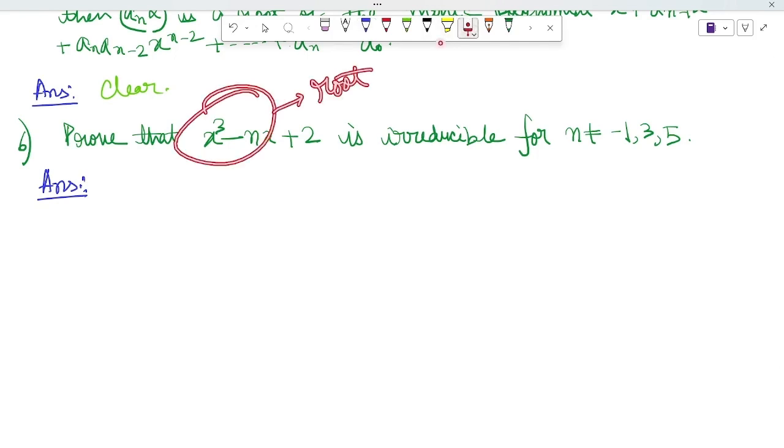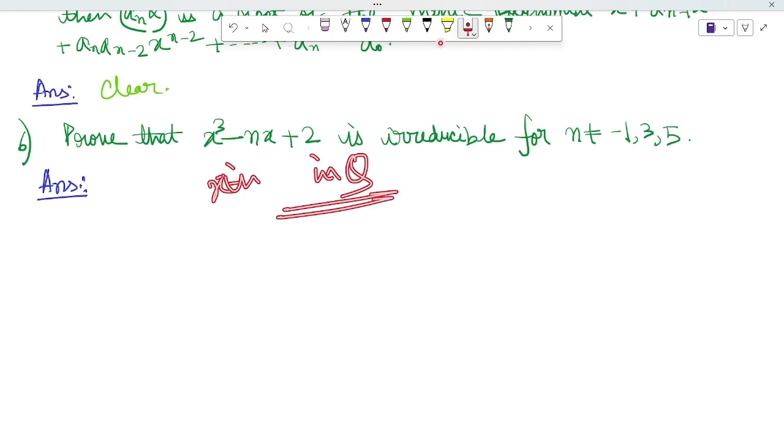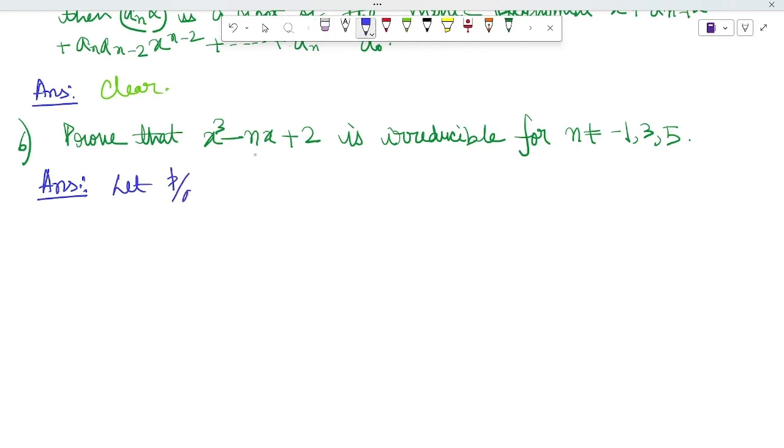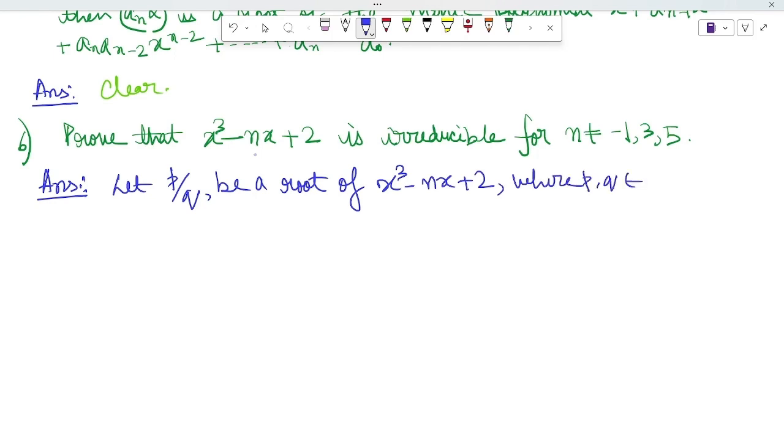Root means if it is reducible, then it has a root inside Q. Let P by Q be a root, and Q is non-zero.